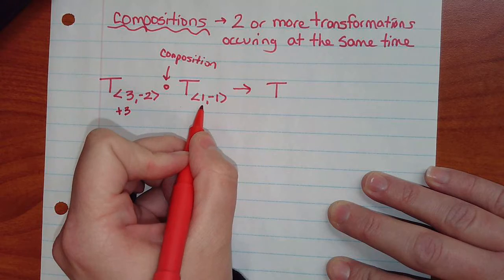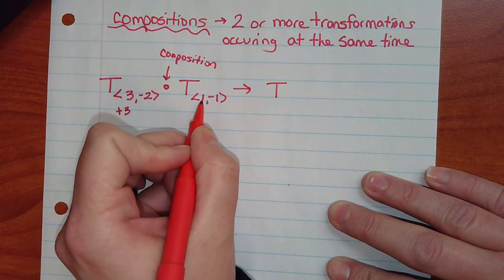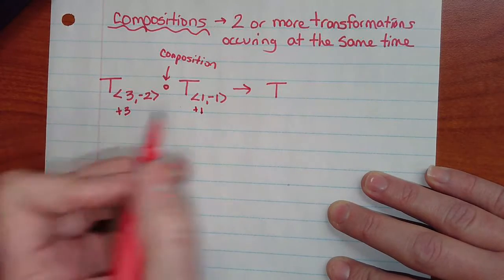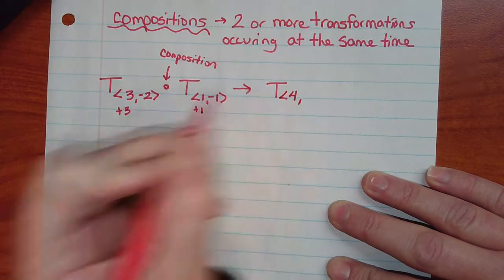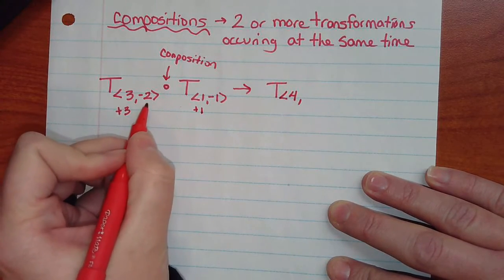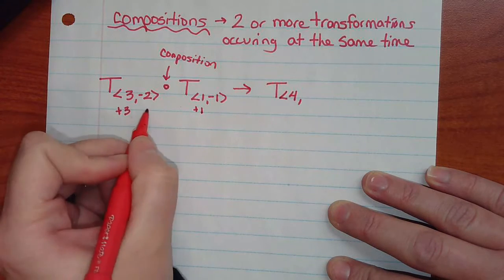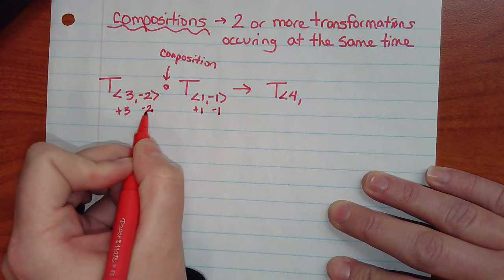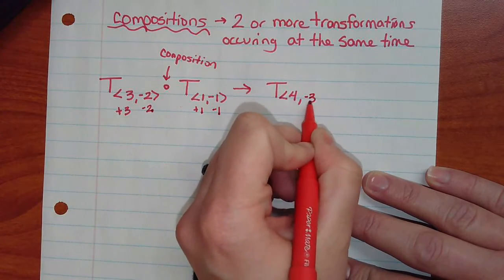And then I took that same point and I moved it now 1 more, so plus 1. How much did I total move? 4. And let's say I had, for my y value, minus 2 means, well, obviously I went down 2. And then this one goes down 1. So negative 2 and negative 1 give me negative 3.